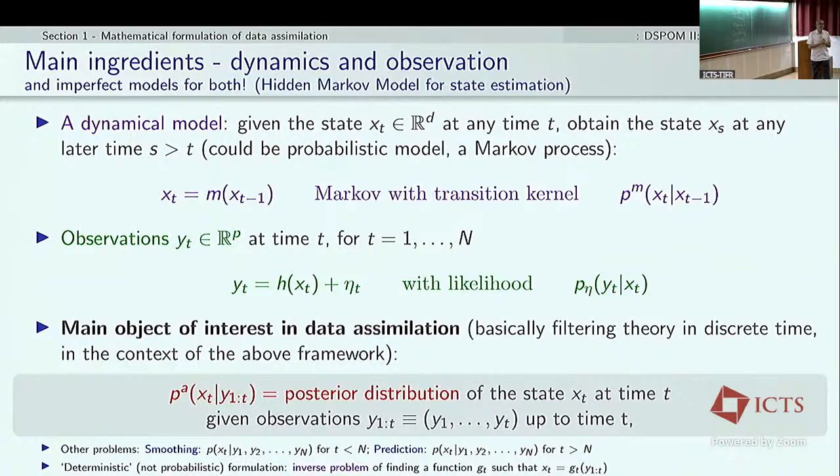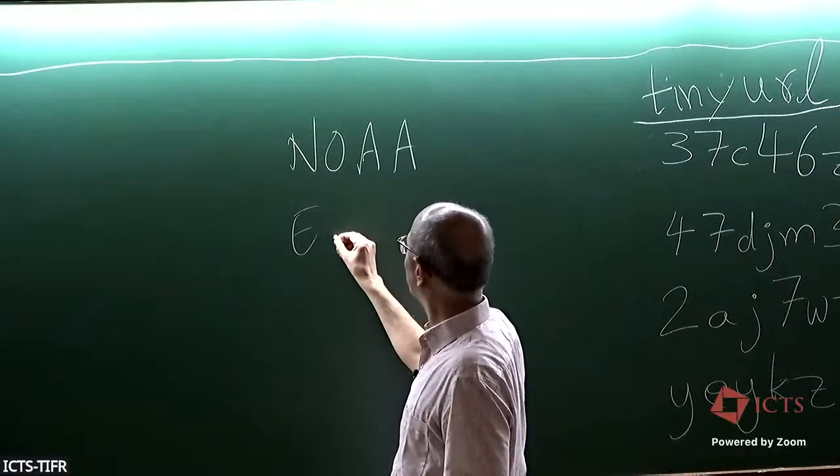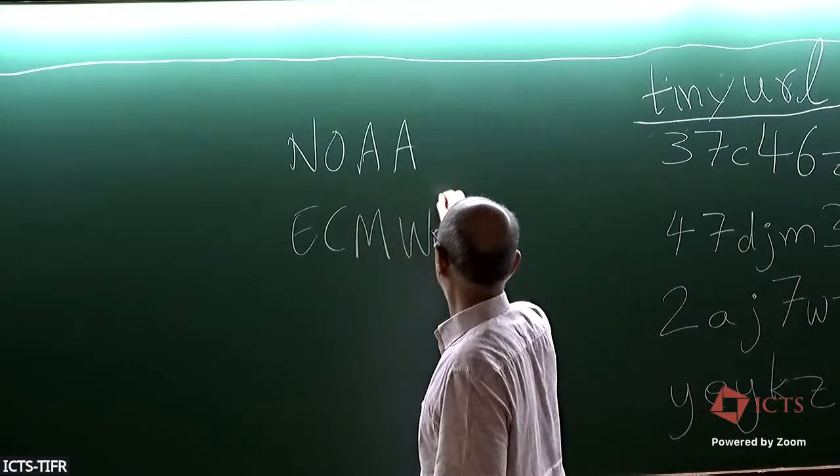ECMWF in Europe, that's one big one. In the US, I forgot whether it is NOAA, National Oceanic and Atmospheric Administration. So NOAA in the US, ECMWF in Europe, the European Centre for Medium-Range Weather Forecasts.